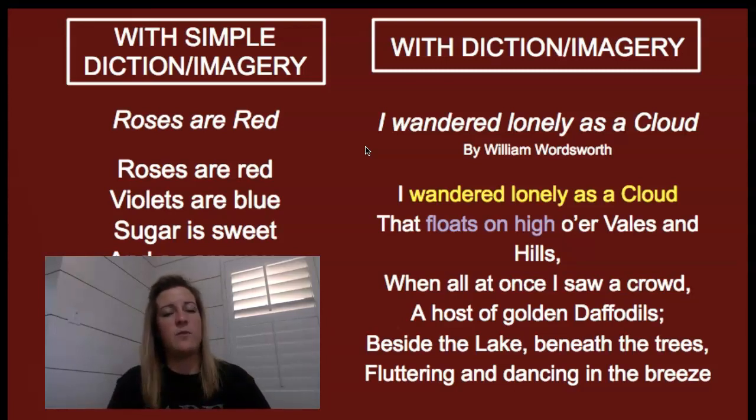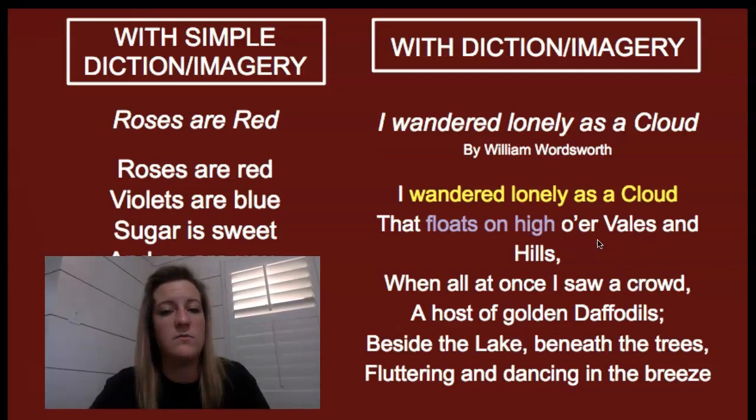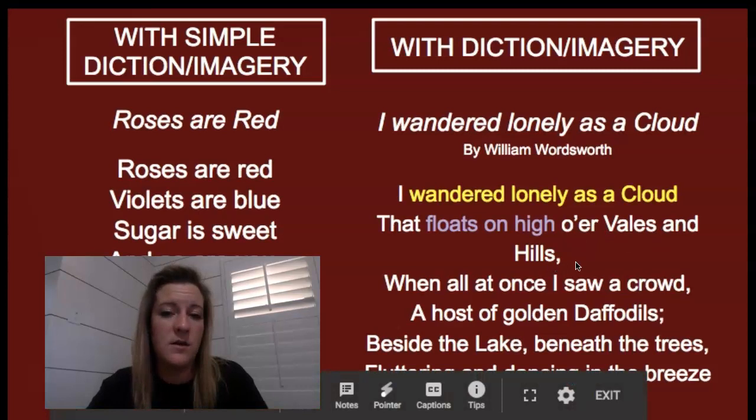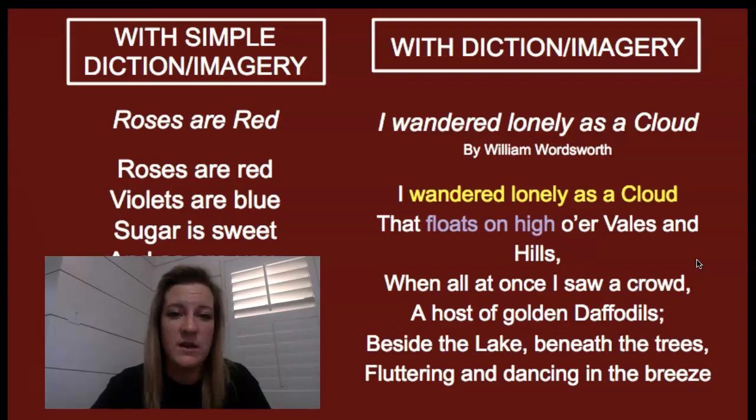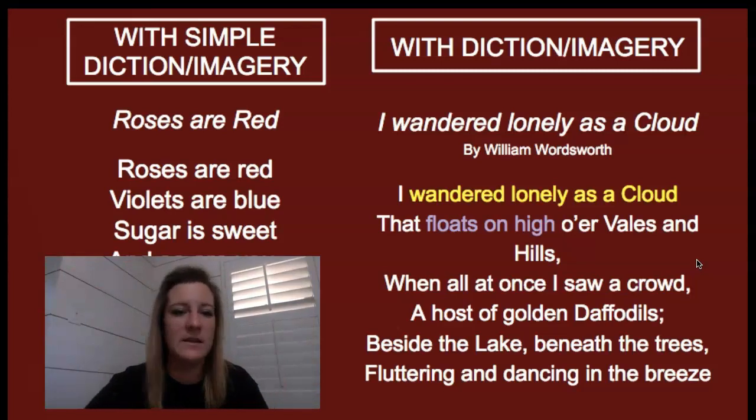There's a little more posture to standing. So he wanted to create this image of how the cloud is floating over the vales and the hills. So wandering lonely, floating along, relaxing, creates that image.